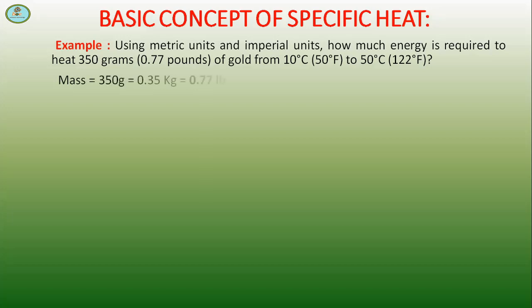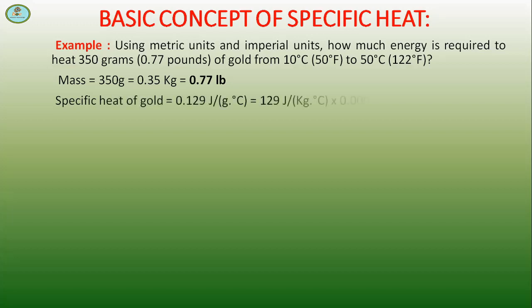So mass is 350 gram, converted to kg is 0.35, and 0.77 lb. Specific heat of gold is 0.129 joule per gram degree Celsius, and further converting we find 0.0308 BTU per lb degree Fahrenheit.